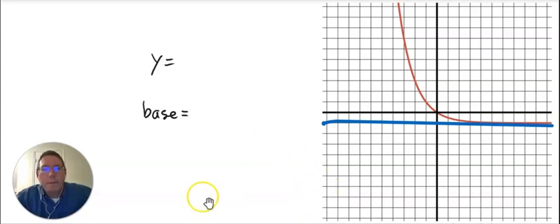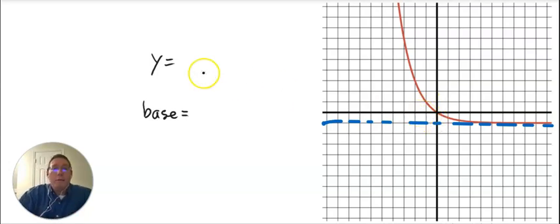Close enough. And let's make it dashed. And now we want to identify where the asymptote is. So here's the origin. We're going down 1. That's -1. So the asymptote is y equals -1. That's the asymptote.